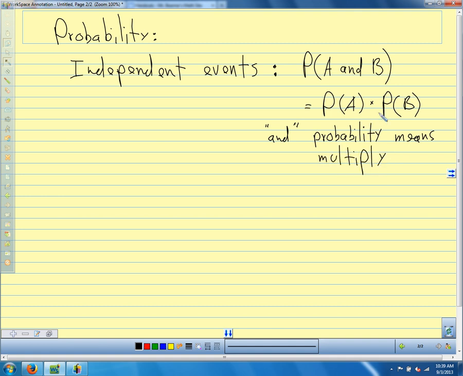So we're going to multiply each part together. When we have independent events, we multiply the probabilities of the two events together. In the independent events, we multiply. So let's look at an example.